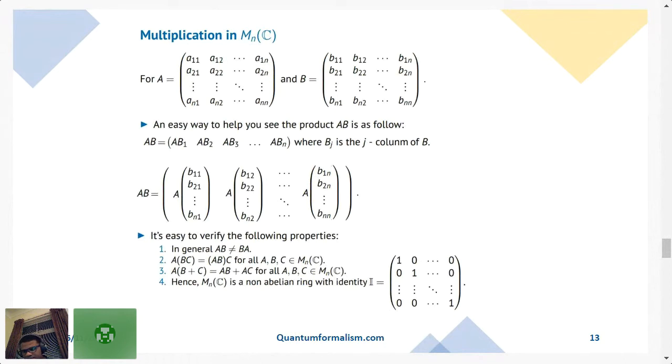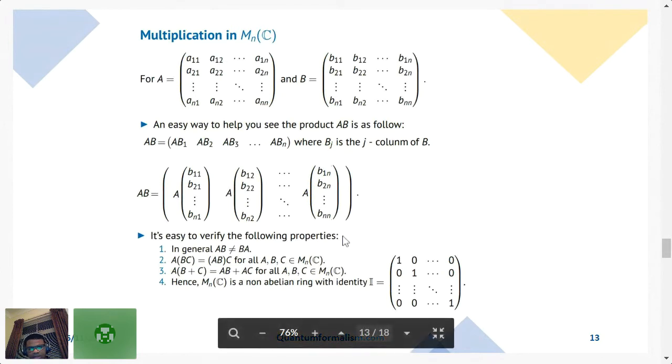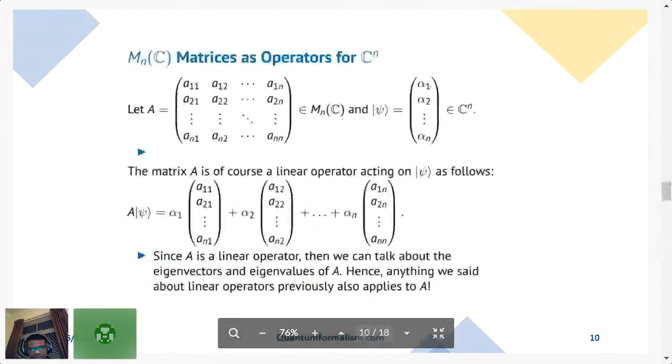Okay, let me go back again to the slide. Did I lose everyone? Let me go back again. So we have A, and psi is a column. This is a column vector, right? And this vector, multiplied by acting on this, is this, right?